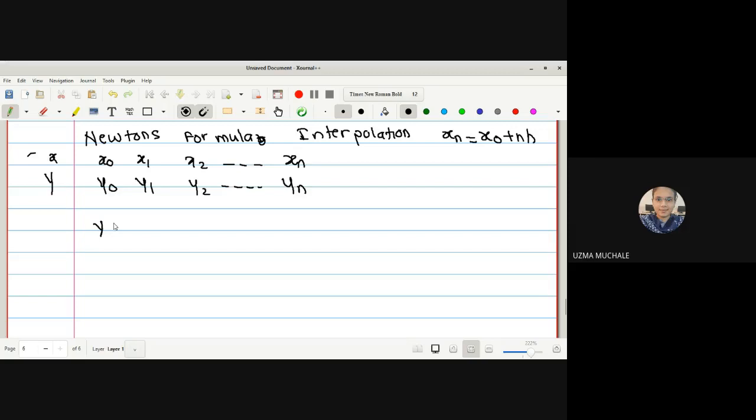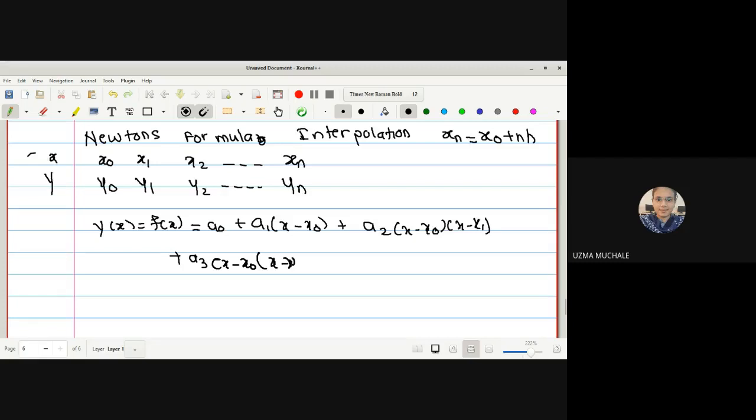We have to find a new function, say f of x, which satisfies the conditions of y of x. So we will write a general polynomial, as we did for Lagrange's also: a naught plus a1 into x minus x naught plus a2 into x minus x naught, x minus x1, plus a3 x minus x naught, x minus x1, x minus x2, plus so on.